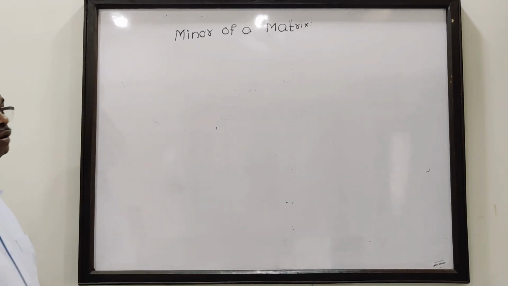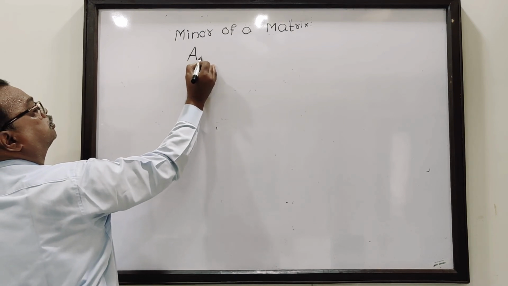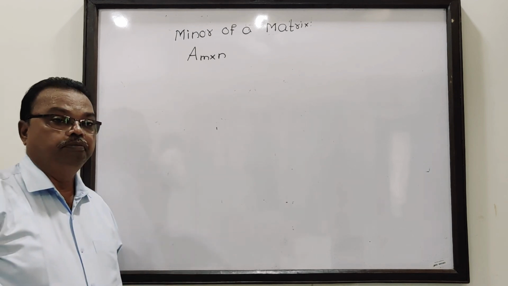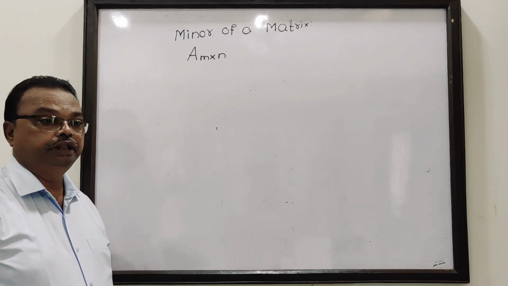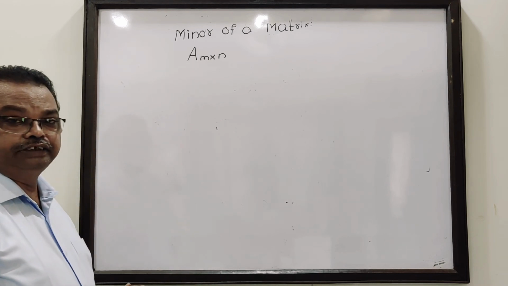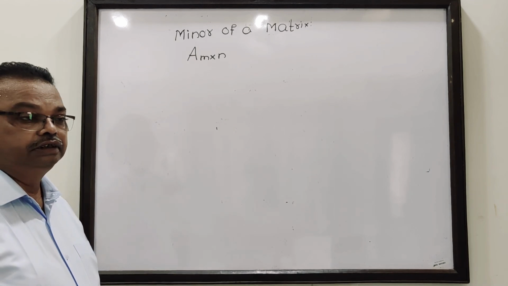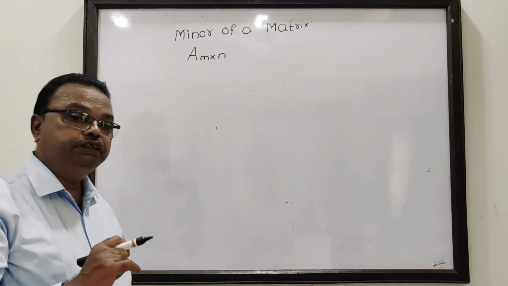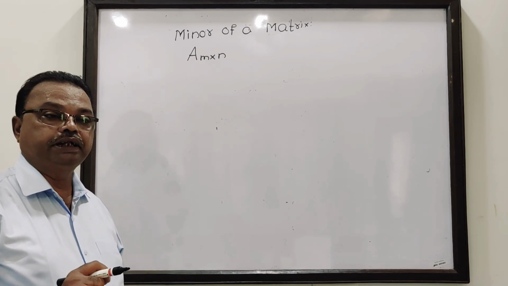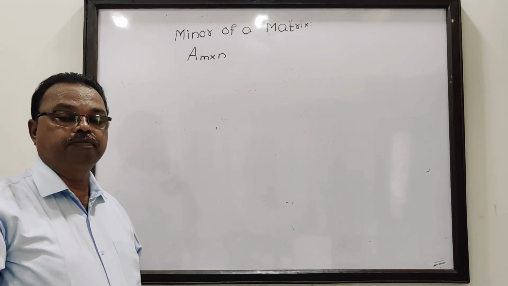If A suffix m by n is a given non-zero matrix, then it has a number of subsquare matrices. The determinants of these subsquare matrices are called minors, of the same order as the subsquare matrices.